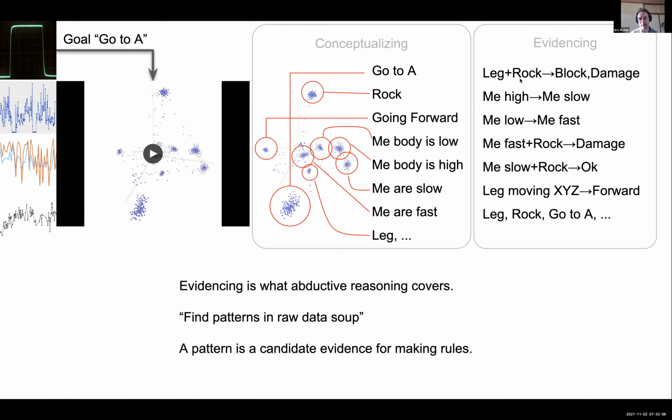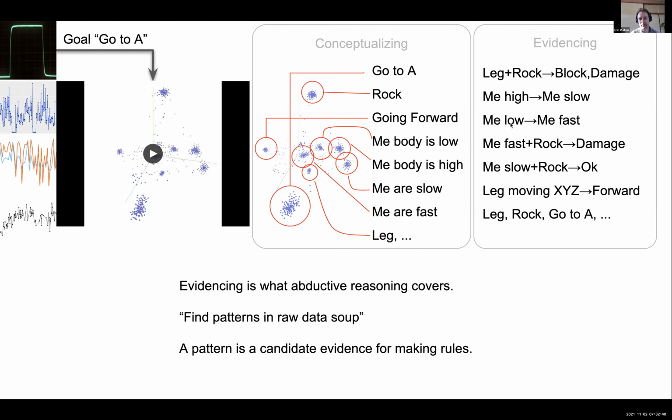The second one is to say, oh, I'm high, because in fact, it turns out that this spider, by putting all its legs straight, can be much higher. So it's a concept of being high, physically, and a possible relation to being slow, because when it's in a high position, it's harder to walk properly, so to walk fast.